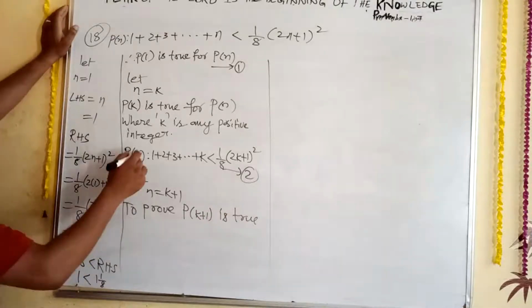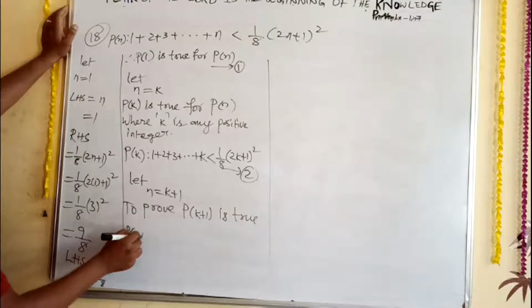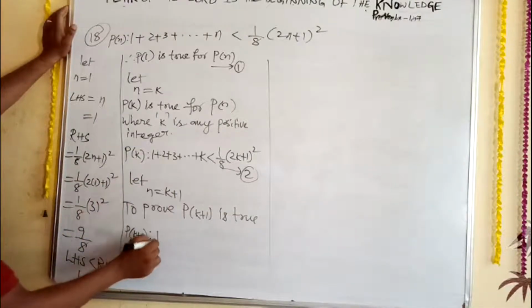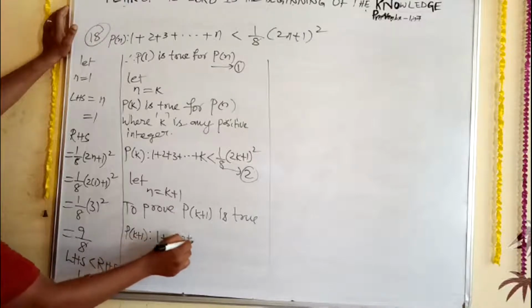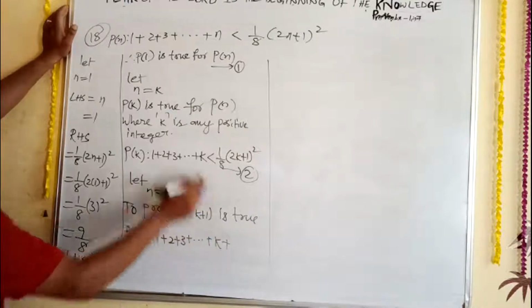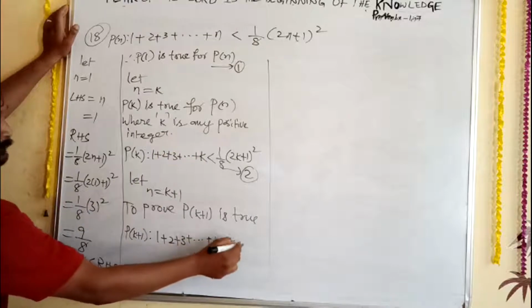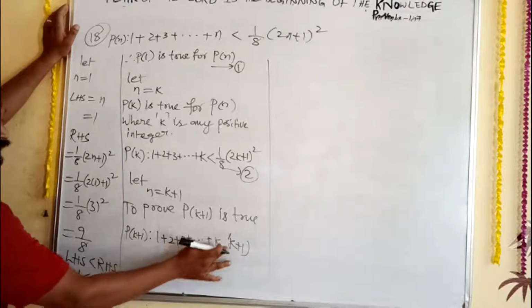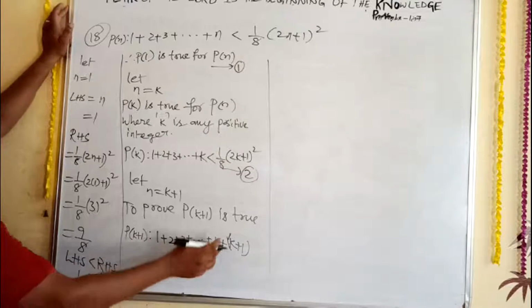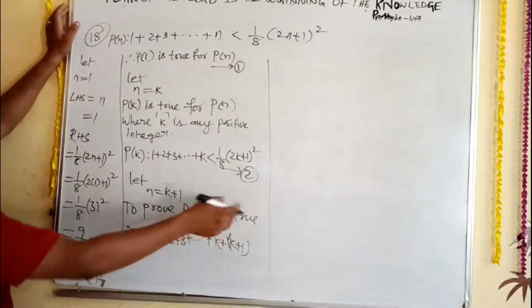So when k is there, next is k plus 1, right? And one step extra you have to write. So 1 plus 2 plus 3 plus and so on plus k, after that the next term will be k plus 1.